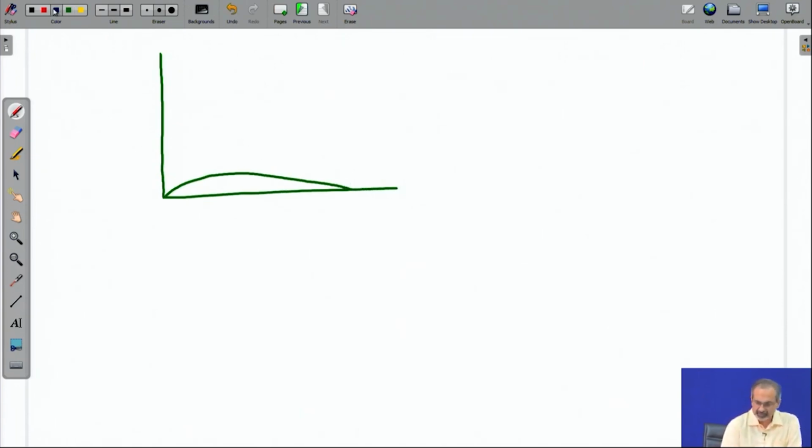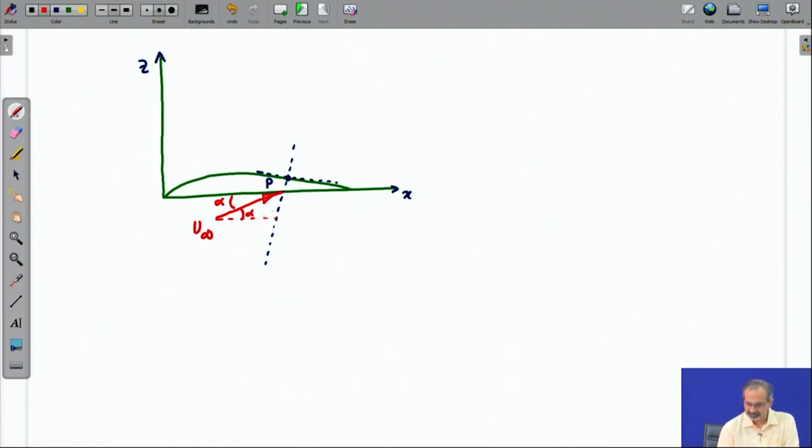We identify a particular point on the airfoil, let us call it P. Let us draw the tangent at that point P and the normal, and let us look at the velocity vector. The velocity vector is coming in like this at an angle of attack alpha.